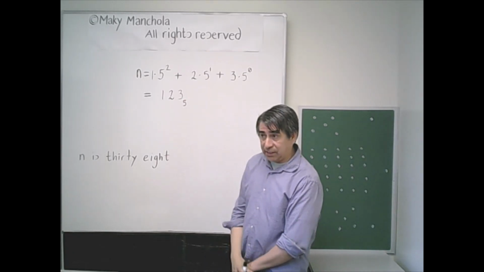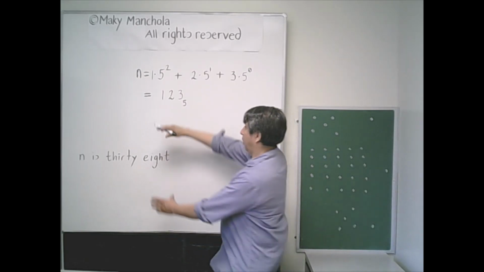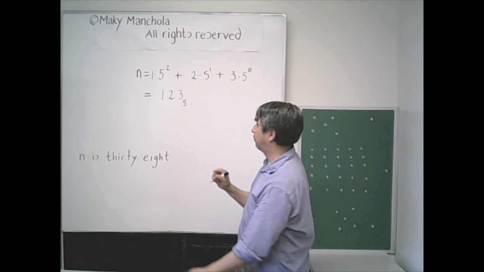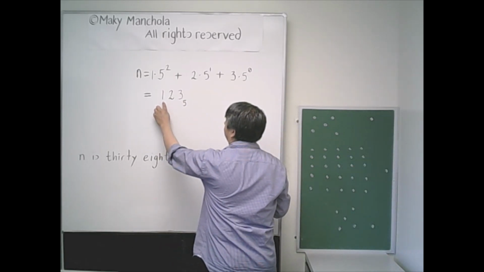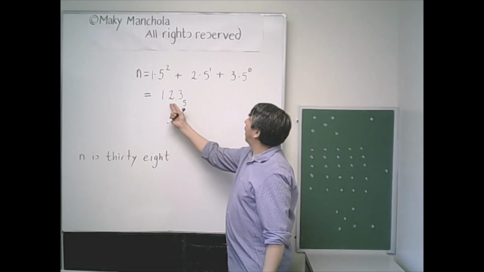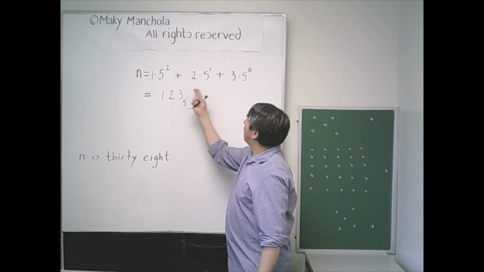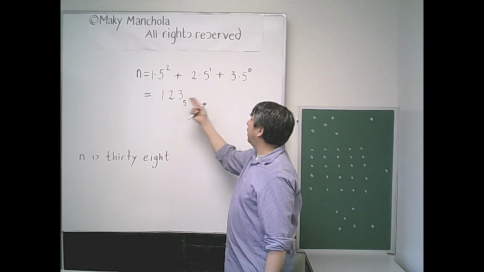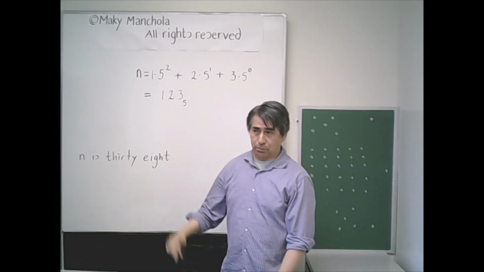So what number is this? This is the number 38. But we are looking at it in the following manner: 1 5 squared, and 2 5 to the firsts and 3 5 to the zeros.